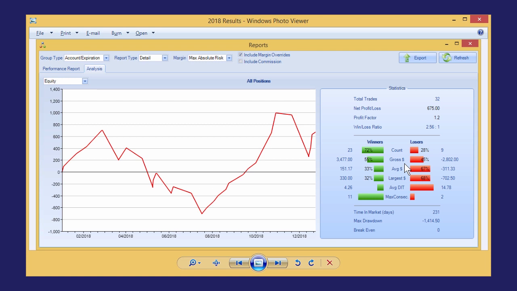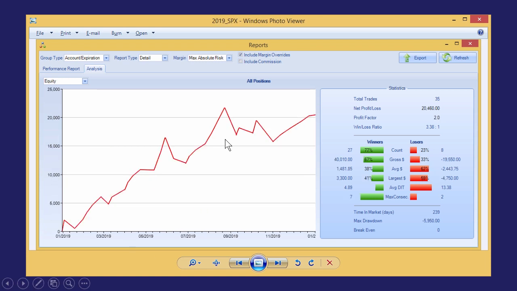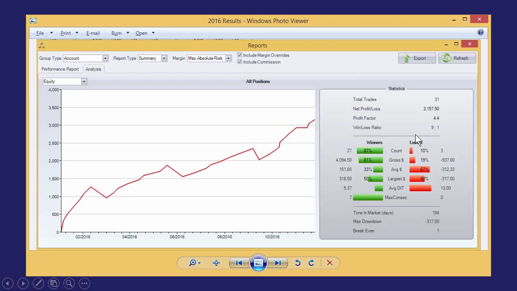So at $7,000, if you would have traded one contract in 2018, you would have walked away making about $700 or $800. Okay, you'd have made about 10%. Now, taking that back to 2016, if you would have had a $7,000 account, you'd have made $3,100.